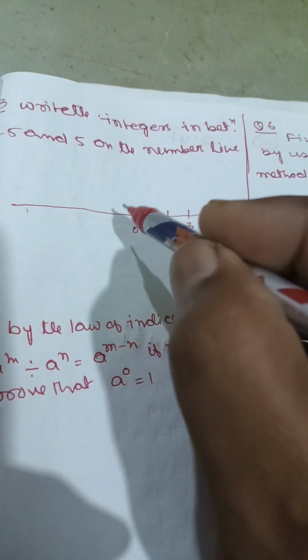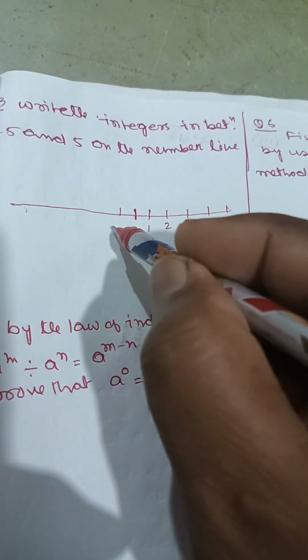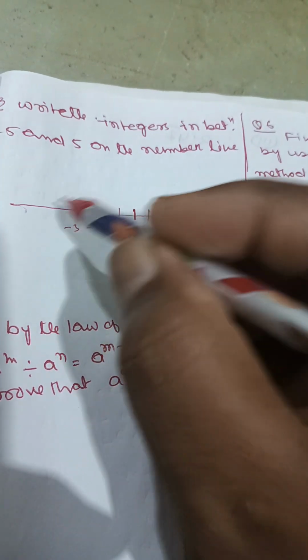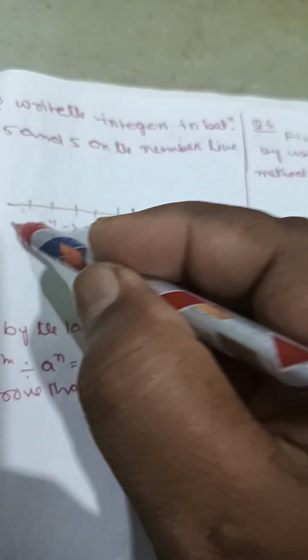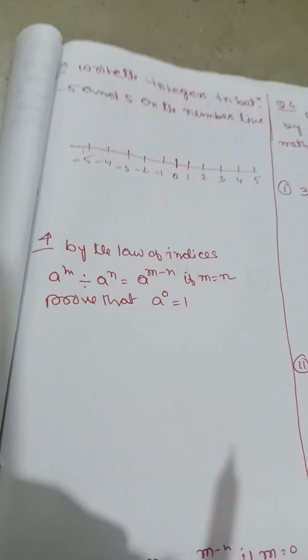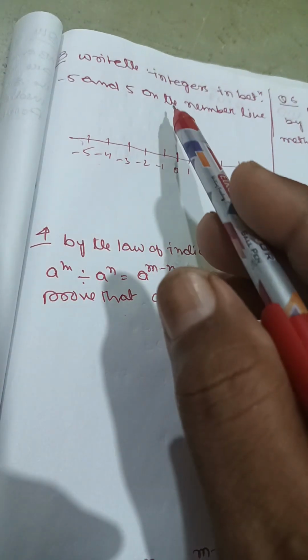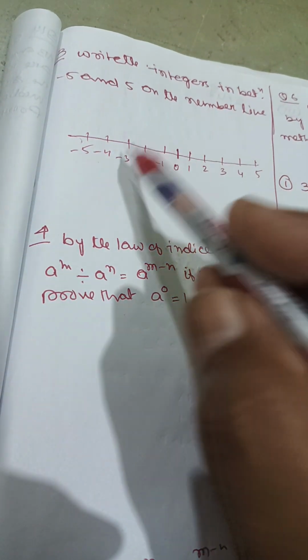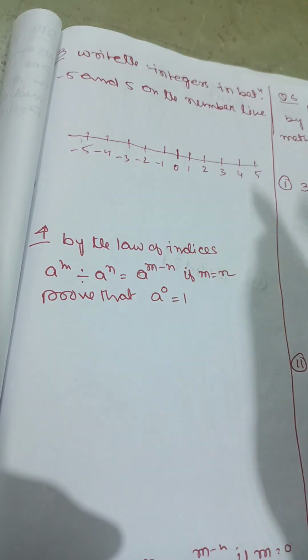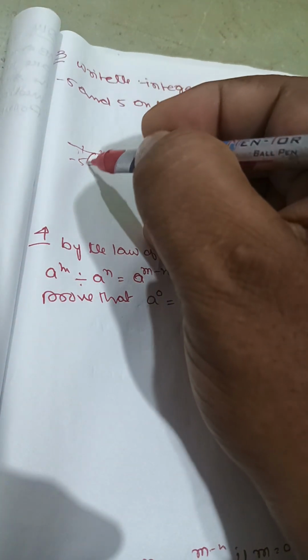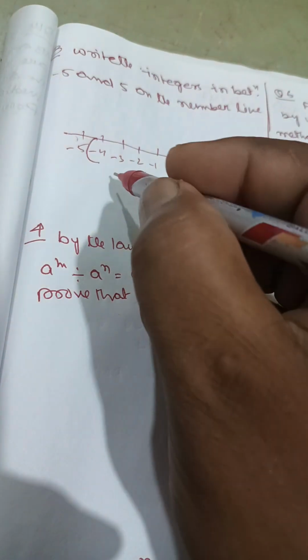Okay, in the left side of this number all are negative numbers. Suppose this is minus 1, minus 2, minus 3, minus 4, and minus 5. Okay, so I have written all the numbers from 5 to minus 5. Now you have to write the numbers which are in between minus 5 and 5. Means you don't write 5, you don't write minus 5, and you write down the middle numbers.